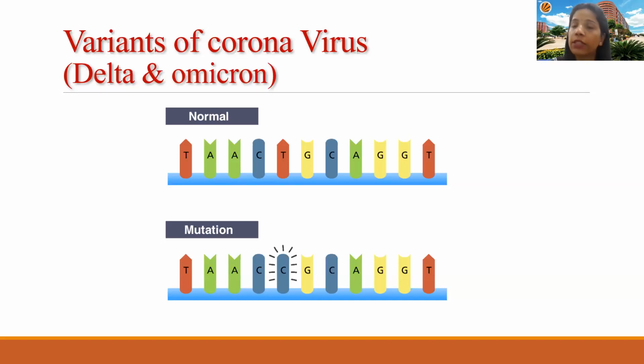So if its structure changes, and I have a vaccine for the Delta strain, and now it has mutated from Delta to Omicron, my body will not be able to recognize those strains, because the structure of the hemagglutinin antigen has now changed.